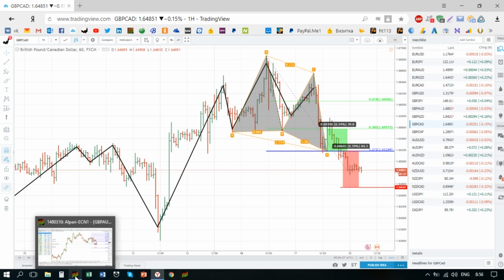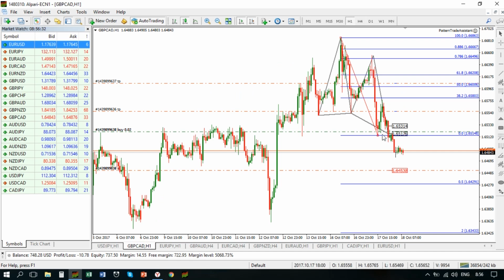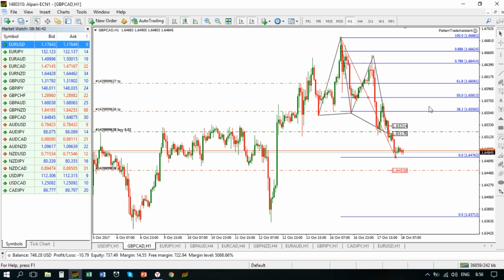And if we go to my MetaTrader to see the pound Canadian, and it is pretty good. You can see the take profit is much lower than the 382 and 618 that were initial target levels. Yes, and if we restretch that, we will see that now they coincide exactly, because Pattern Trade Assistant moved these take profits, adjusting them. And this is crucial for advanced pattern trading.